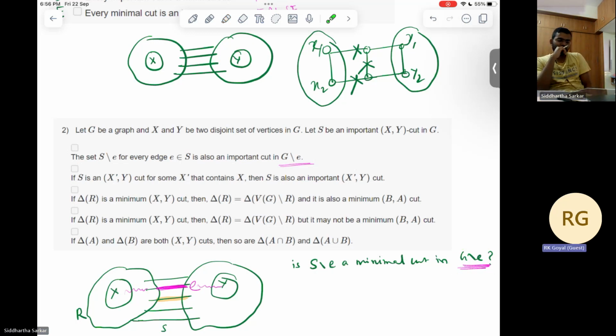Whatever is true for E would be true for the other edges as well. So we have established that if we consider another edge, say F, then S minus F would be a cut. S minus F would be able to disconnect X and Y in G minus F.